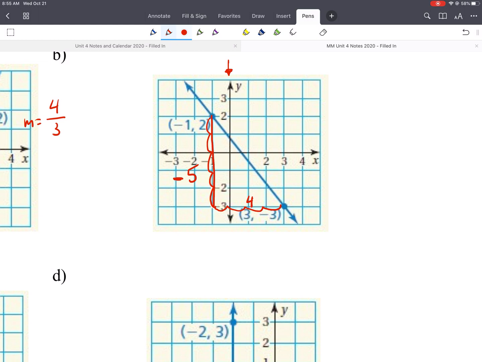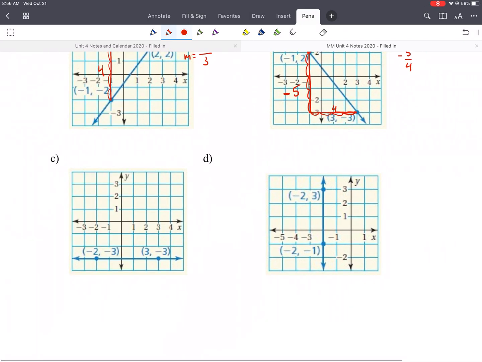We're going to go down 5. Okay, so that would give us negative 5 over 4. If you want to do it as 5 over 4 and then just look and say, well, is the slope negative or positive? Then you could put the negative, okay? So either way, I would just start at my first point that's on the right side. If I have to go down, it's going to be negative, so down 5. And then right will always be positive, so over 4.